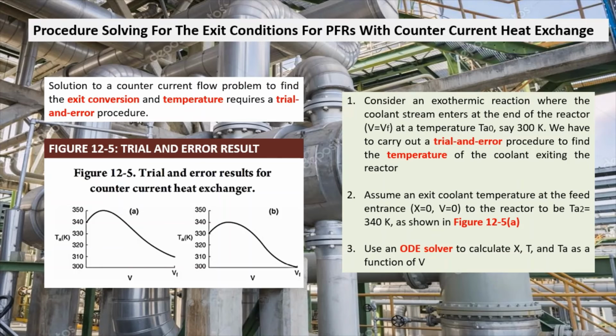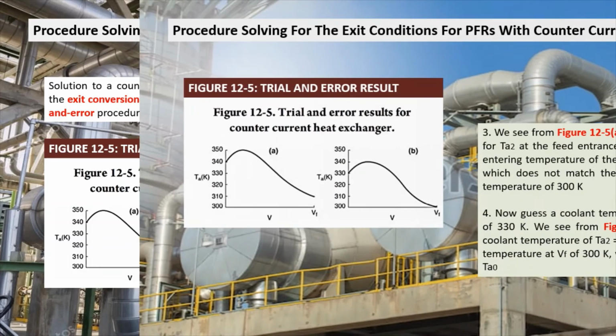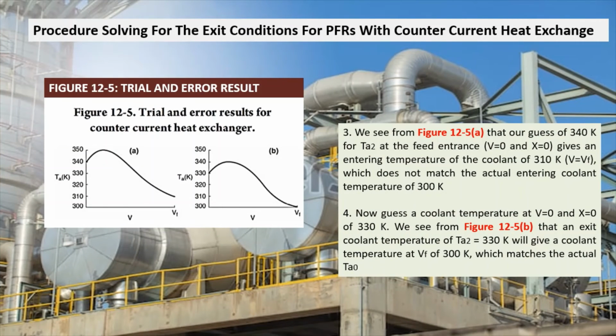Next, use an ODE solver to calculate X, T, and Ta as a function of V. Then we can see from figure 12.5a that our guess of 340 Kelvin for Ta2 at the feed entrance, where V equals 0 and X equals 0, gives an entering temperature of the coolant of 310 Kelvin at V equal to Vf, which does not match the actual entering coolant temperature of 300 Kelvin.